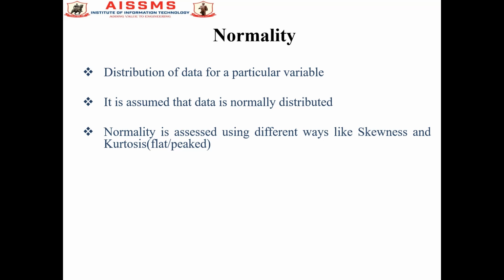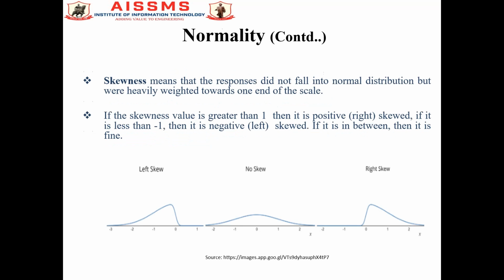Normality is assessed in different ways, like finding the skewness and kurtosis. Skewness means that the responses did not fall into a normal distribution but were heavily weighted towards one end of the scale. In this diagram we can see that if there is no skew in the data, it will be this proper curve. If the data is left skewed, then the skewness value will be greater than 1, and this is how the graph looks.